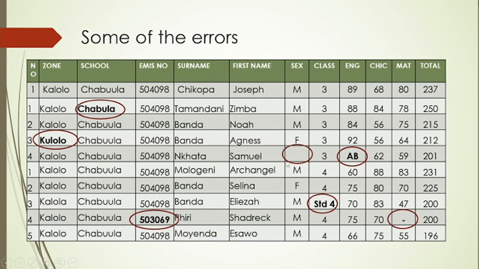Sex here, you see that here sex is blank. This is not tolerated. The sex must not be blank. And then you see that a score for English here is AB.